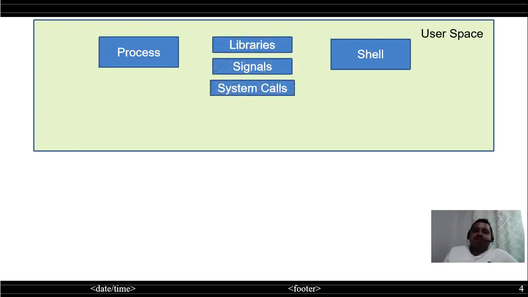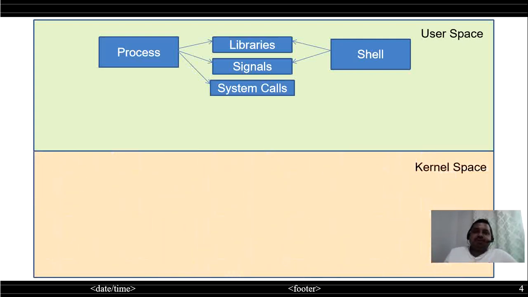How are these processes communicating and working? They use libraries, system calls and signals. System calls, signals and libraries are all pieces of code, and they communicate with each other to perform significant tasks for the user program.